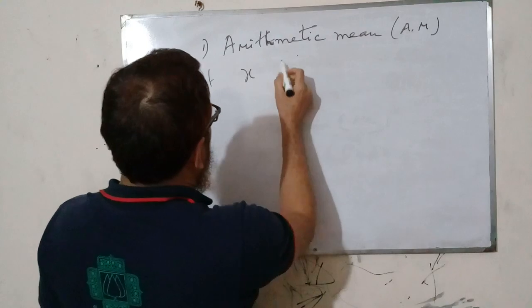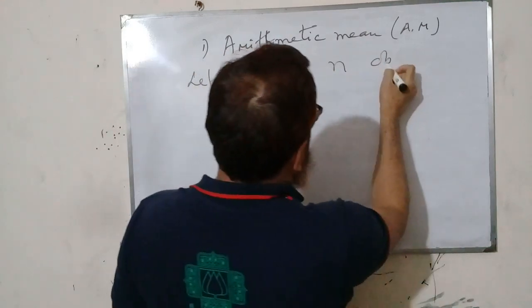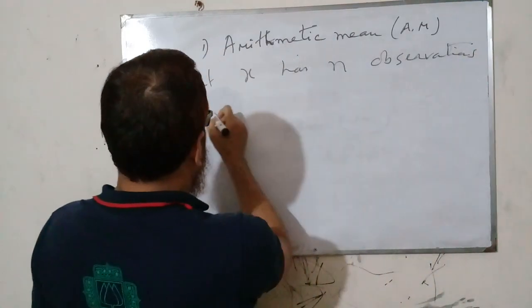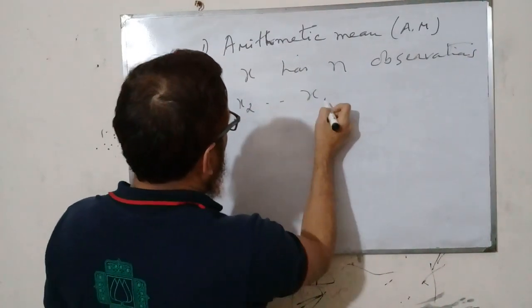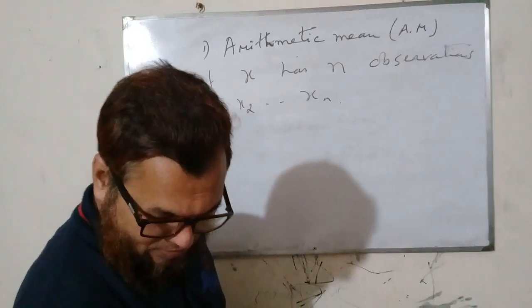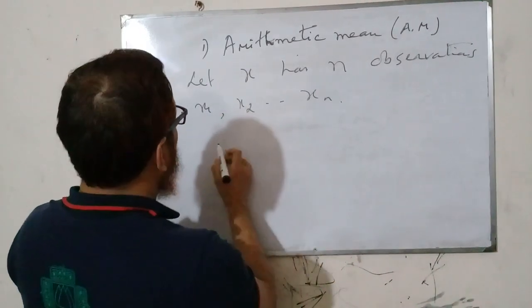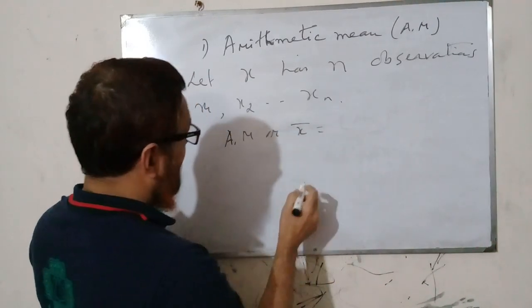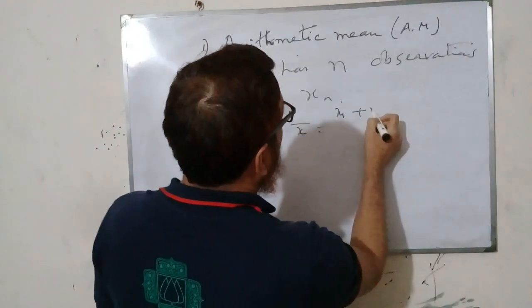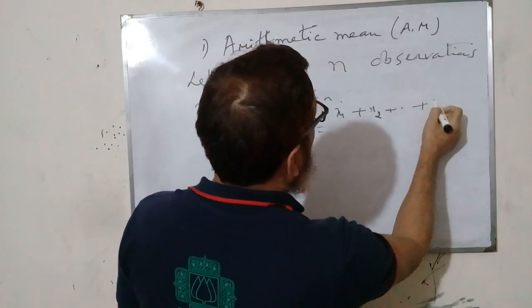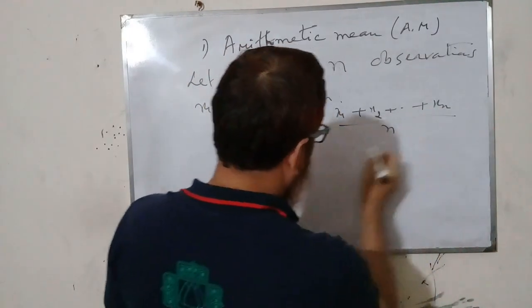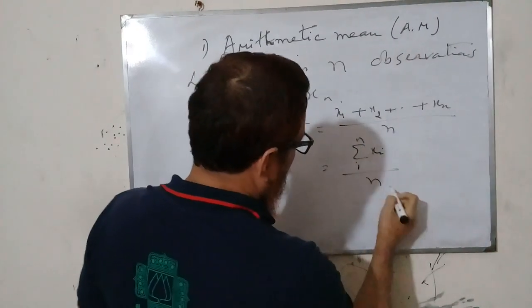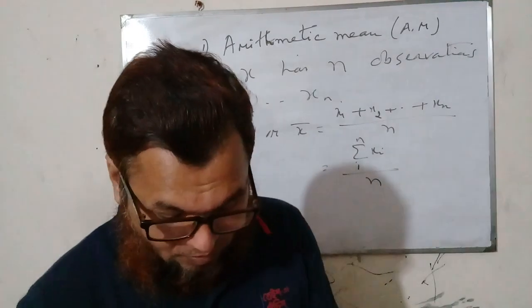Let X have n observations, x1, x2 up to xn. Then arithmetic mean x bar equals x1 plus x2 plus up to xn divided by n, that is, summation xi by n.